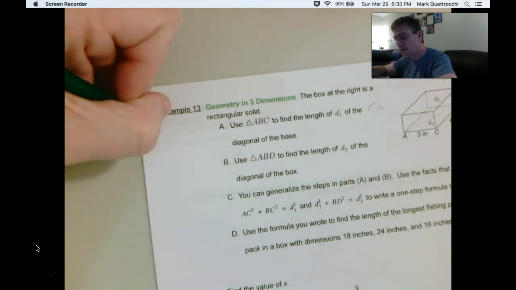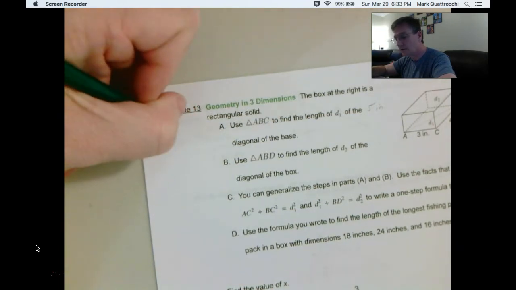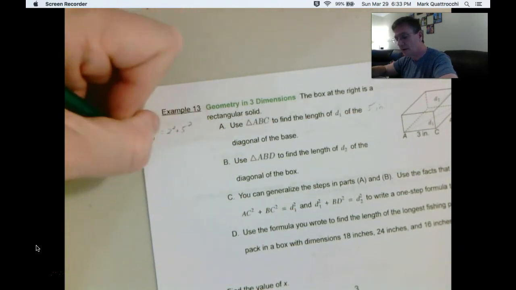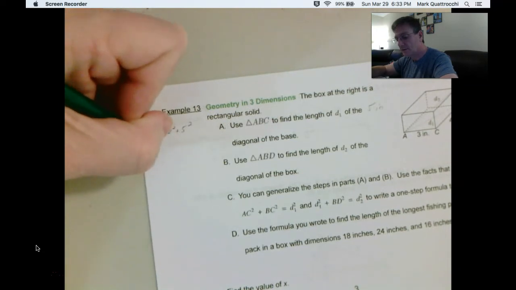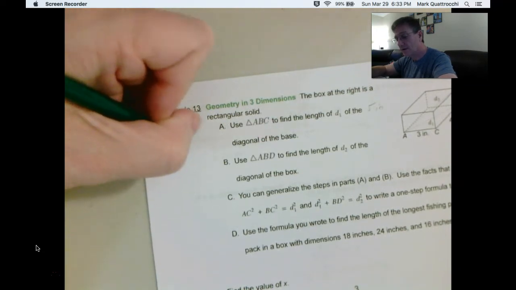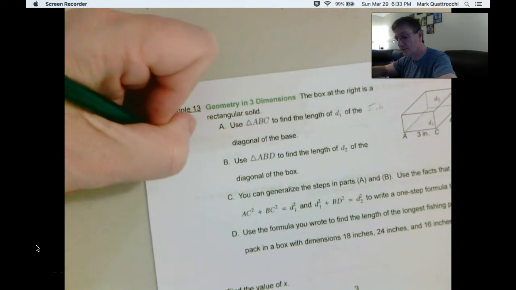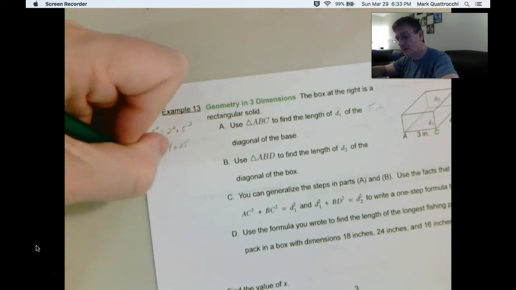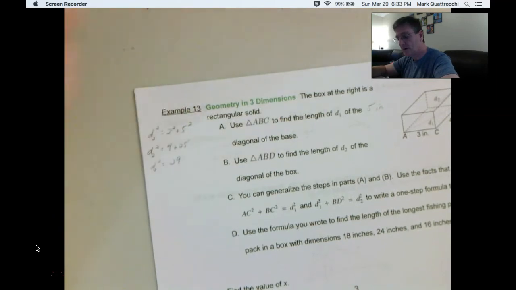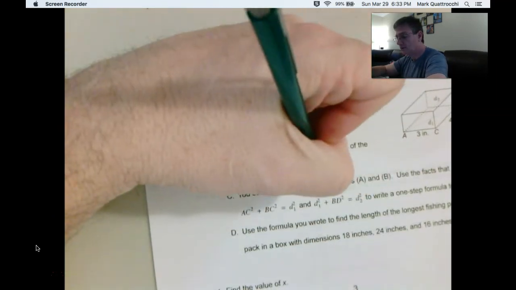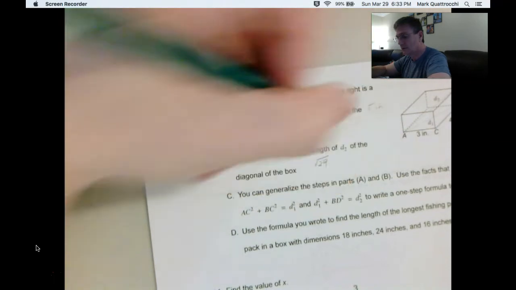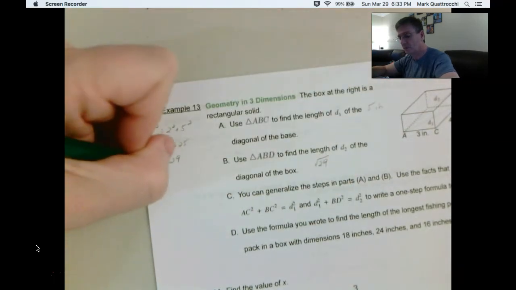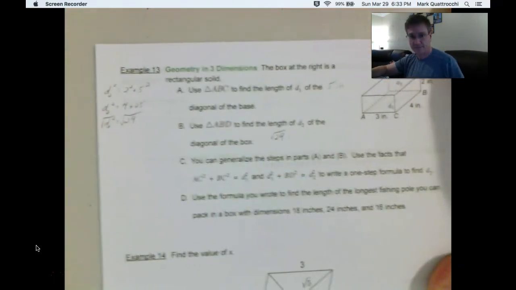D2 squared equals 2 squared plus 5 squared. D2 squared equals 4 plus 25. D2 squared equals 29. So D2 is the square root of 29, when we do the square root of both sides.